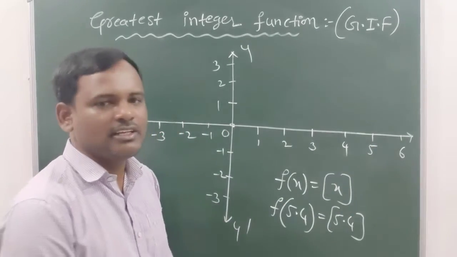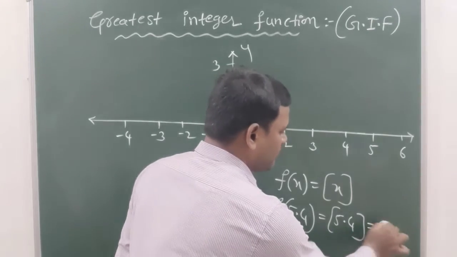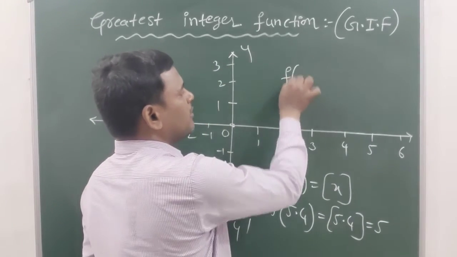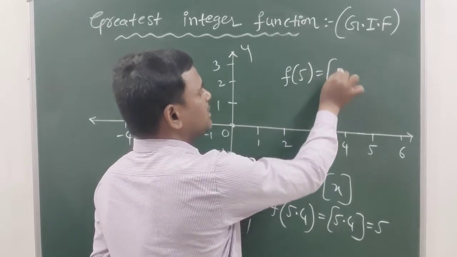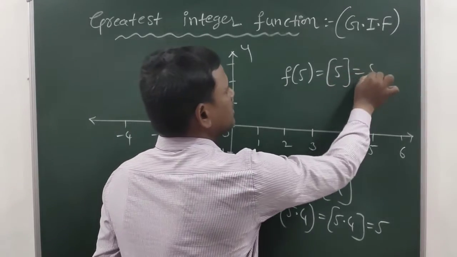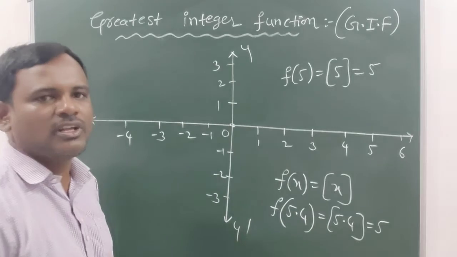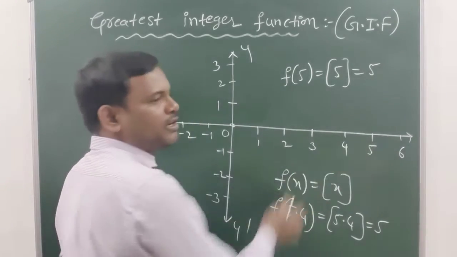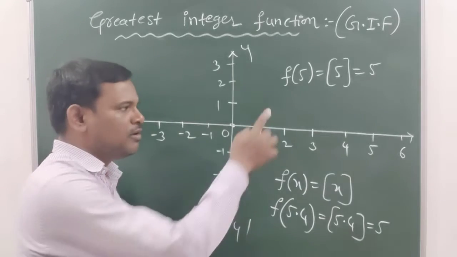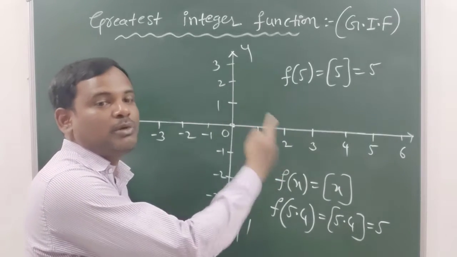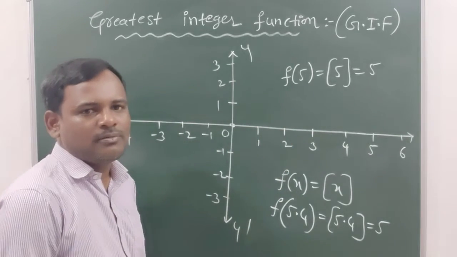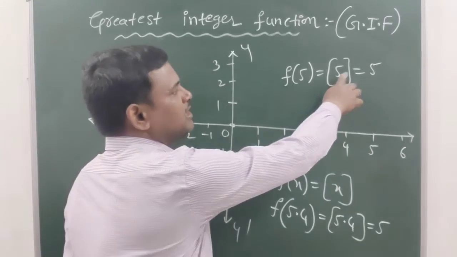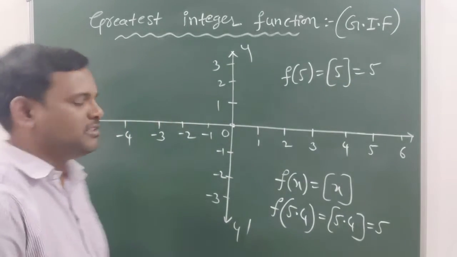Hence, the greatest integer of 5.4 is 5. If it is exactly an integer, like f of 5, then the greatest integer of an integer is the integer itself. Remember that. If it has a decimal part, we have to take the integer before it, which should be the greatest among all those on the left side.